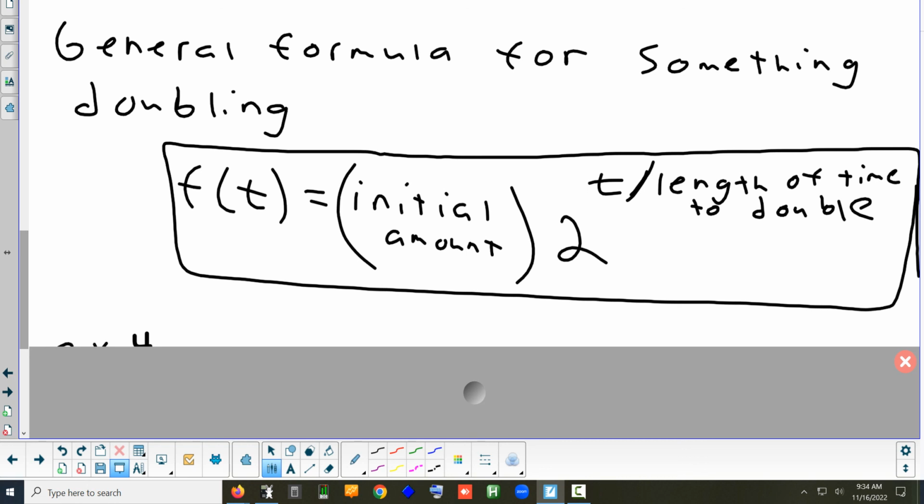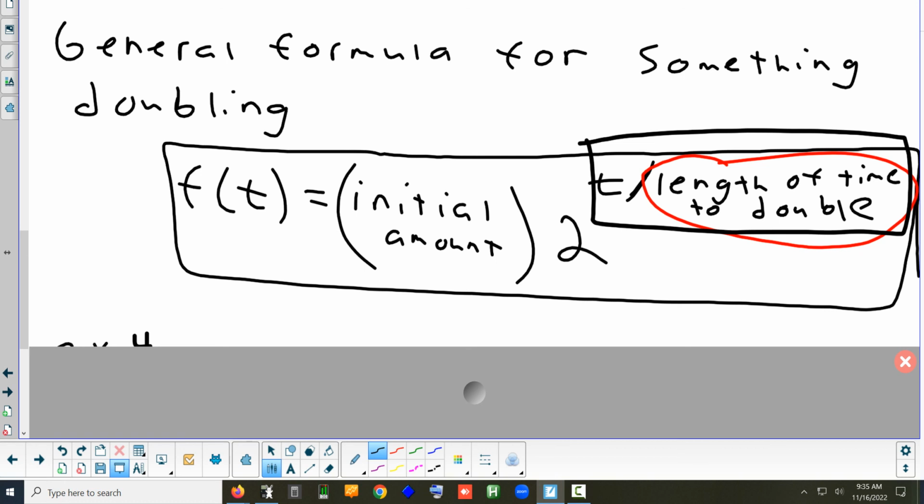Now, there's something here that some people might be wondering about. So the exponent is t, like it was before, but it's divided by the length of time to double. This is why.